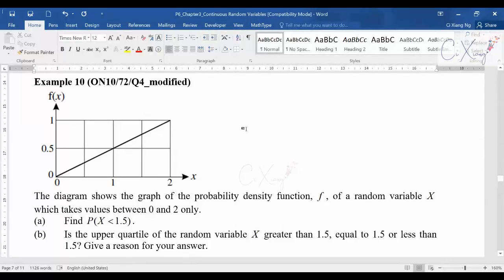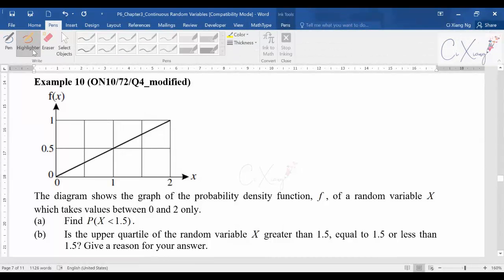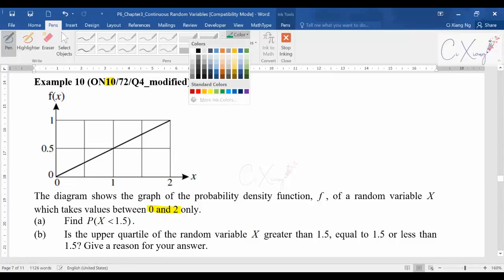If you look at example 10, it is a partial question from year 2010. They give you a figure, and they say the value taken for this function is from 0 until 2 only. Then first, they want you to find the probability for x smaller than 1.5.